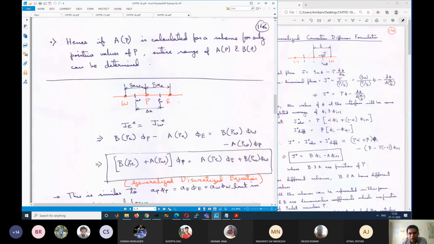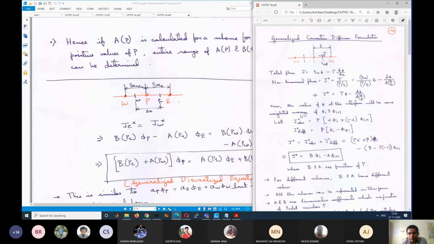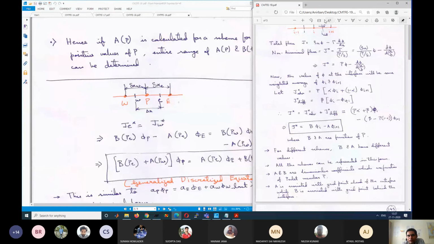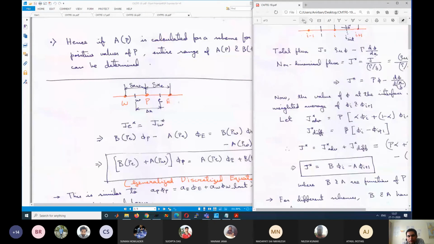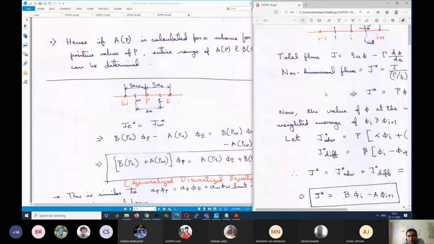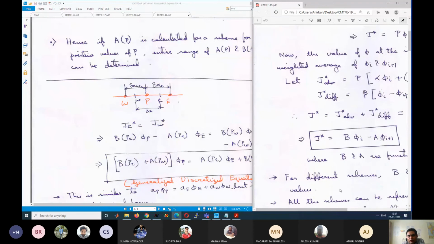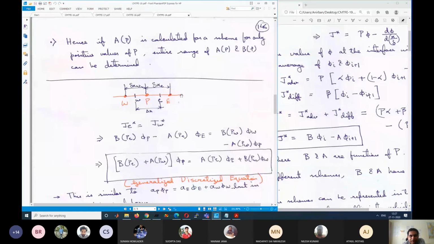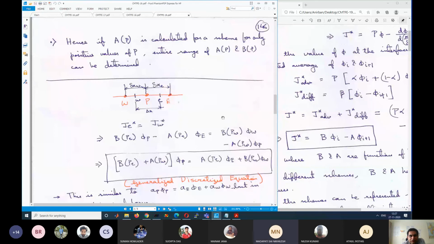So for this east interface, how can we write the J value? We have already seen how to write these J values, right? J is written as B phi I minus A phi I plus 1. For this east interface, what is phi I?